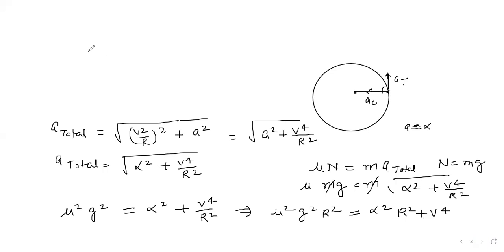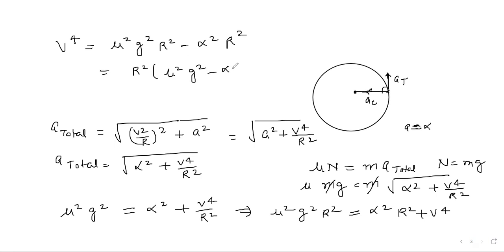So it will become v power 4 equals mu square g square R square minus alpha square R square. We can take out R square. So v equals R square times (mu square g square minus alpha square), whole power 1 by 4. And that is our answer. Thank you for watching.